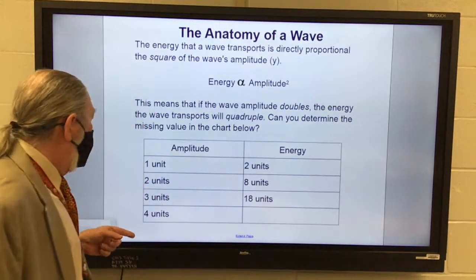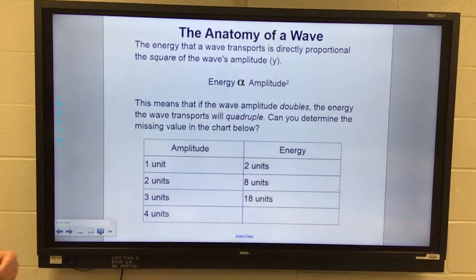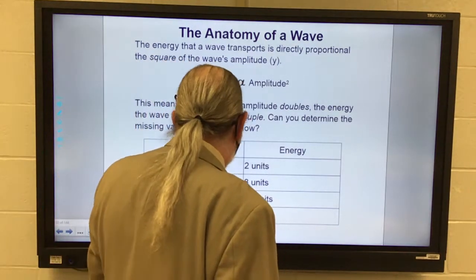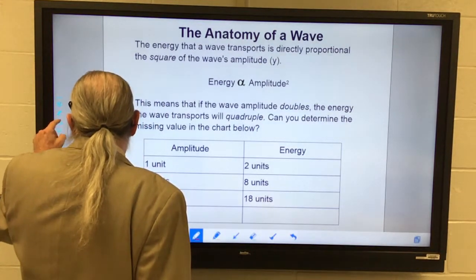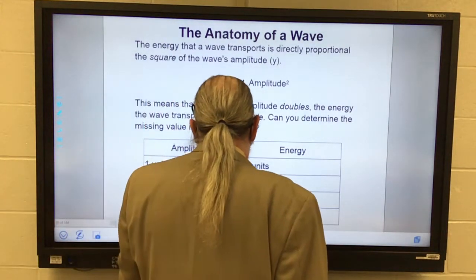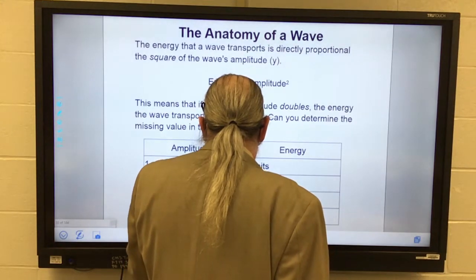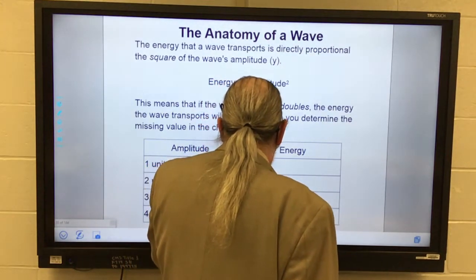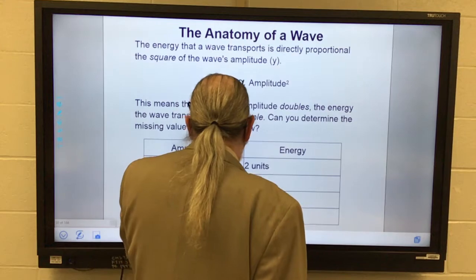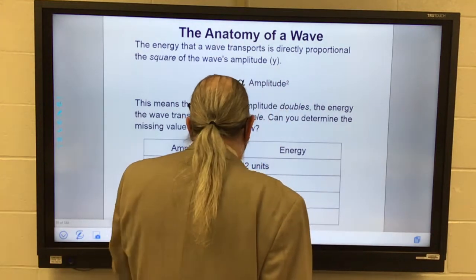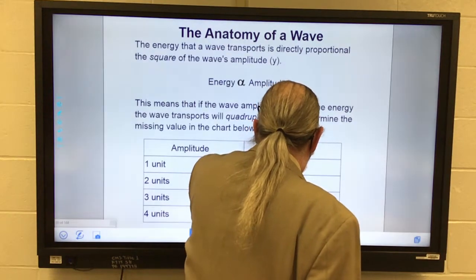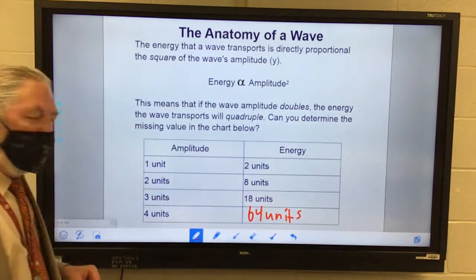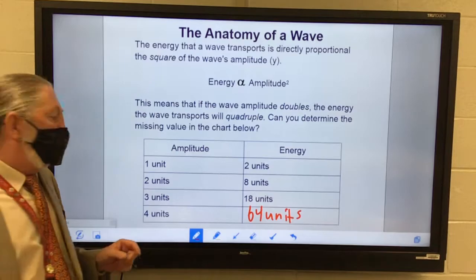It's going to be 64. 64 units. Okay? Got the idea? It's quadrupled, isn't it?